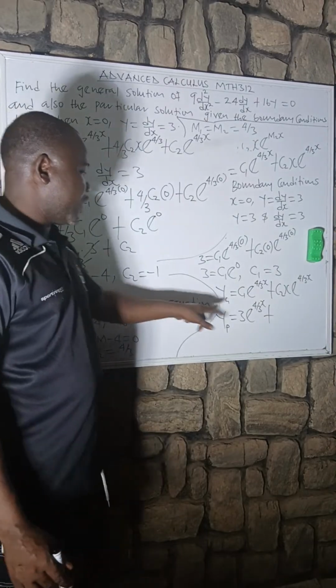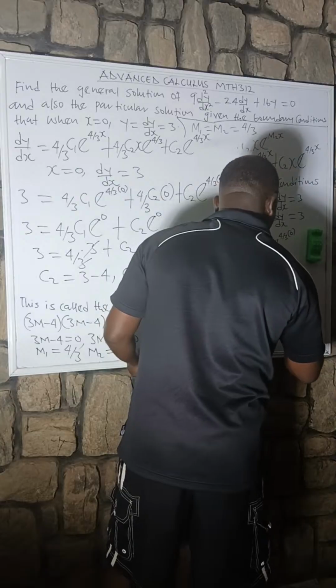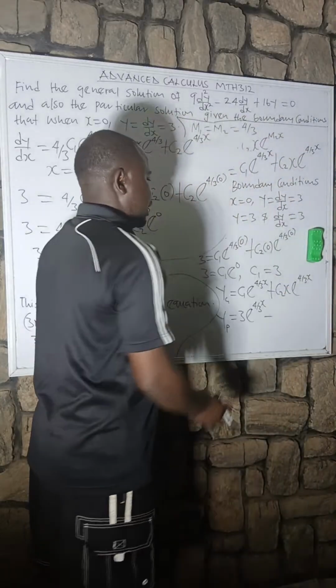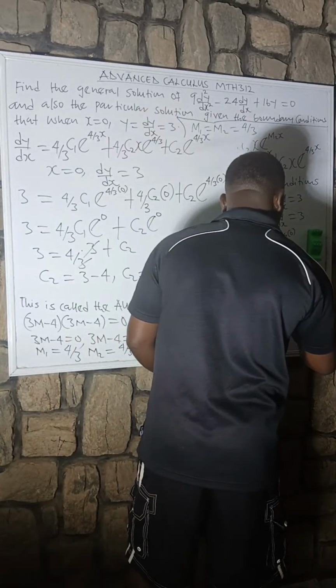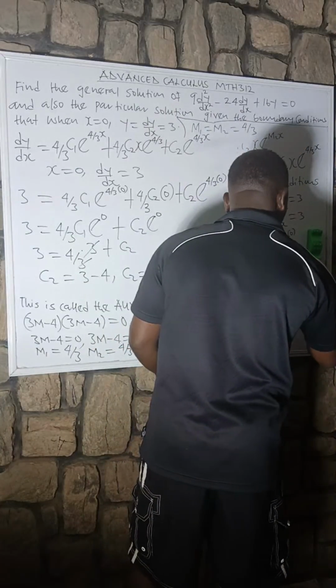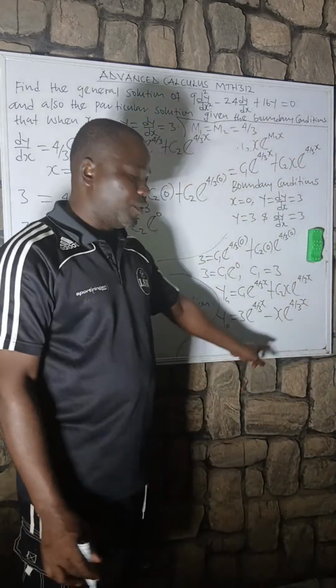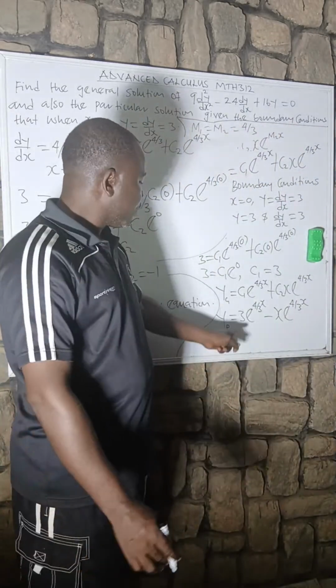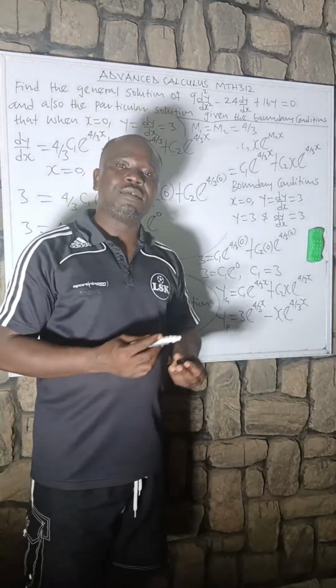So minus times plus will be minus, so minus x exponential 4 all over 3x. Do you agree with me? So this is the general solution and this is the particular solution.